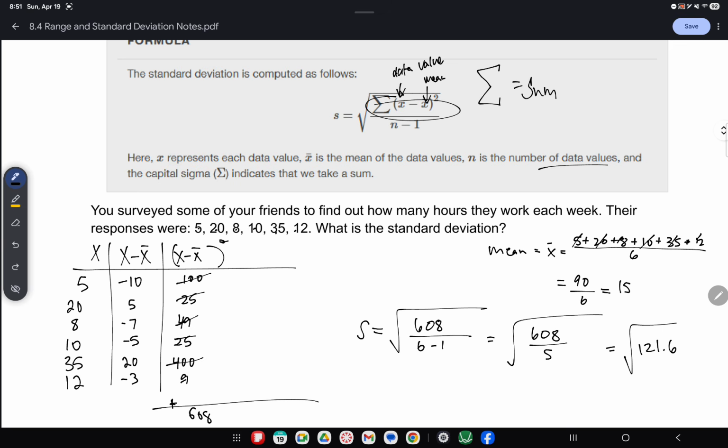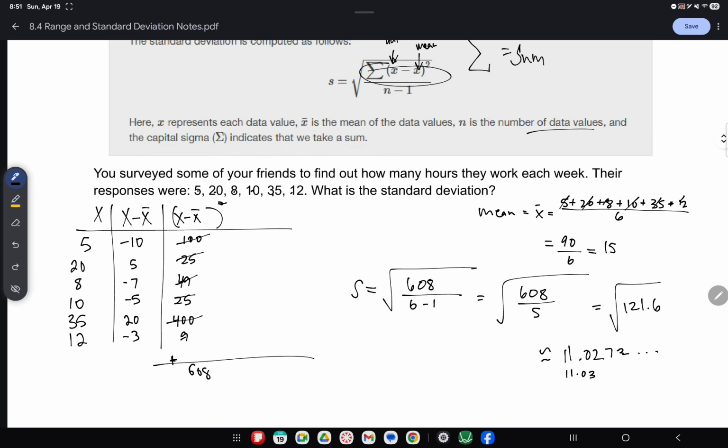And then we do the square root of that, and I get about 11.0272, and it keeps going. So how about 11.03? Okay, that's our standard deviation.